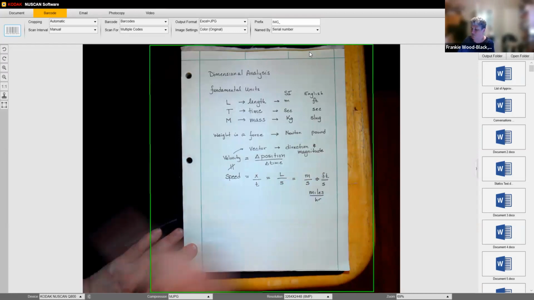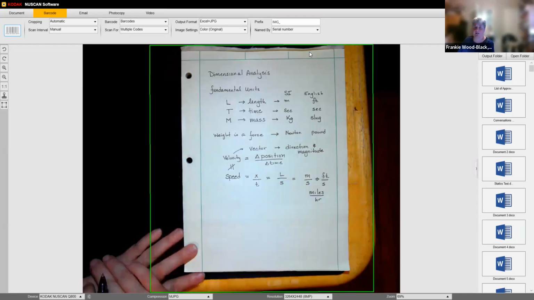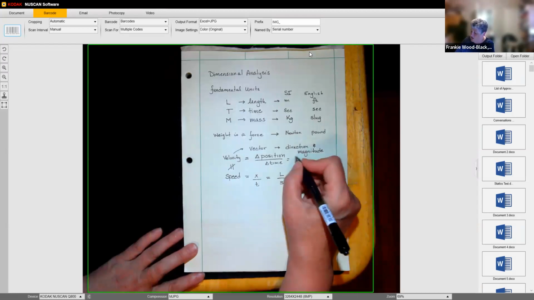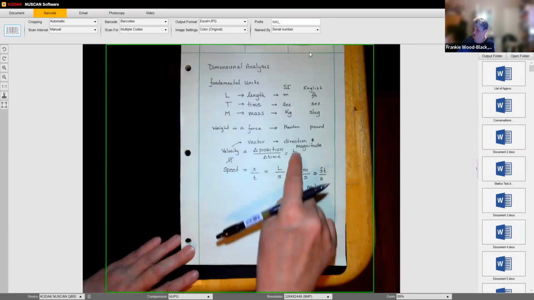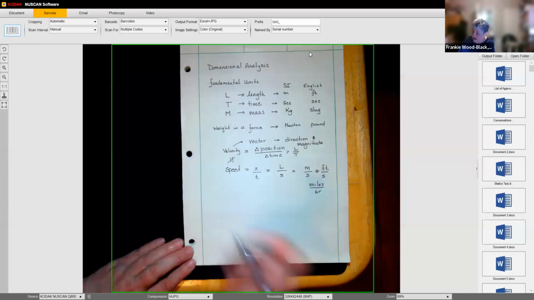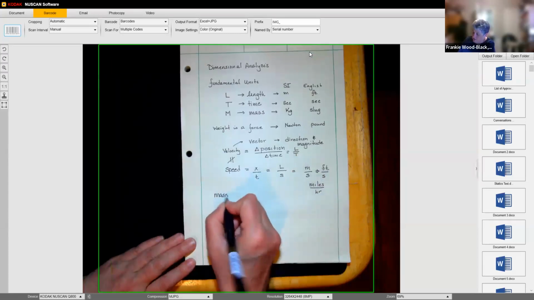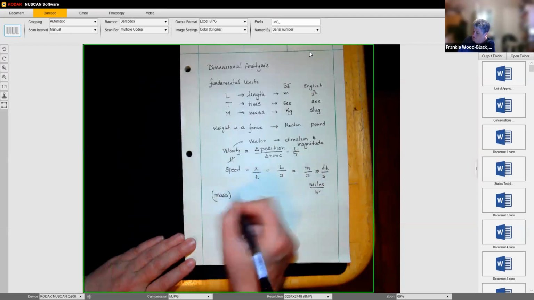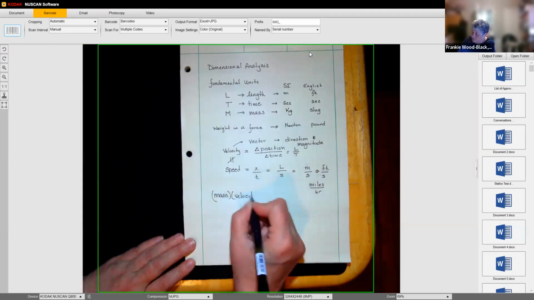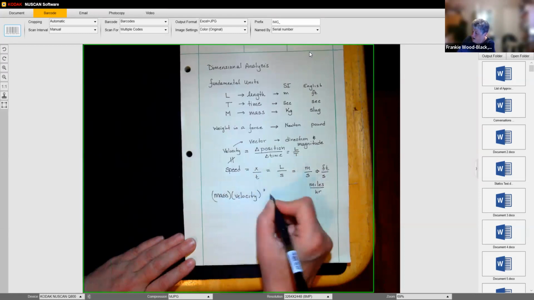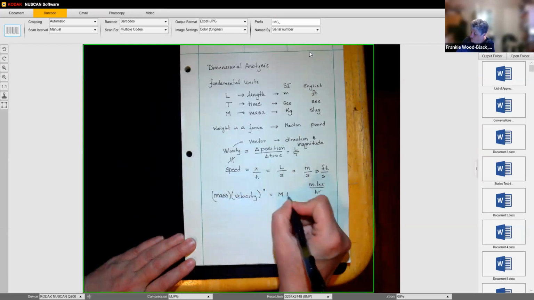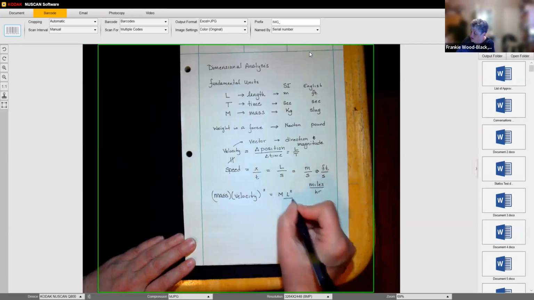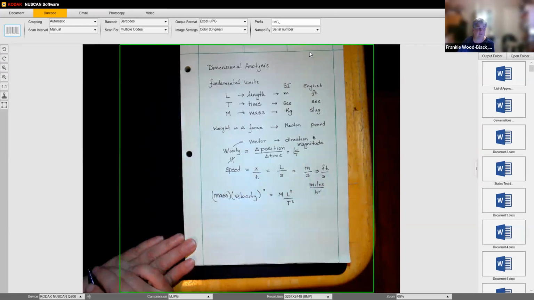So if I'm using my dimensional analysis, I know that this is going to be in units of length versus time. So if I had something like mass times velocity squared, my units would be mass units times length squared divided by time squared, and that would give me my dimensions.